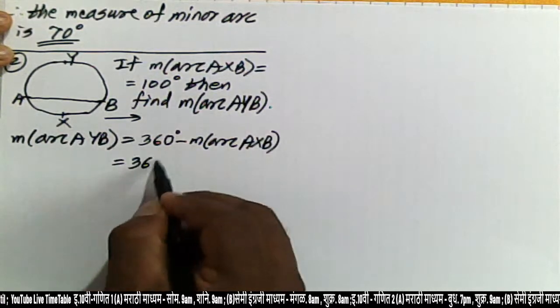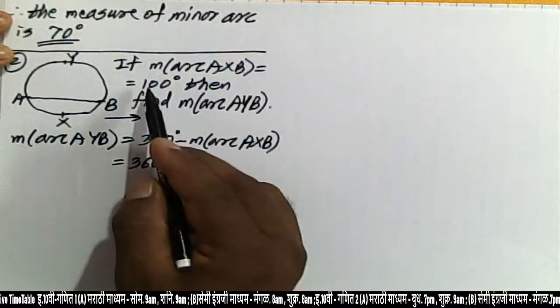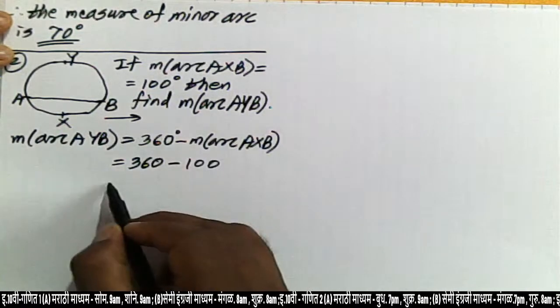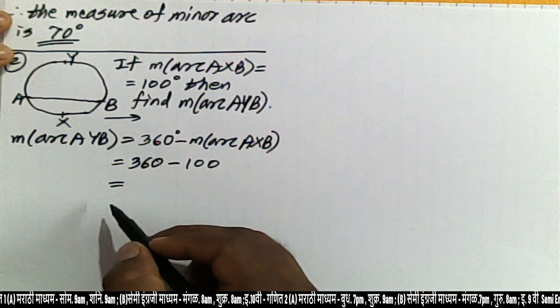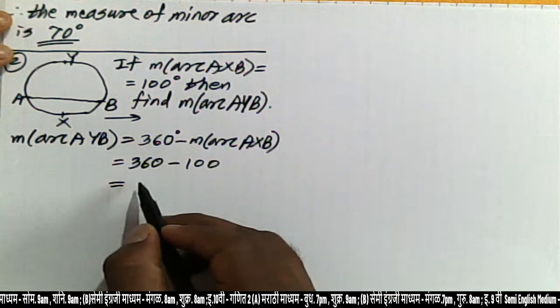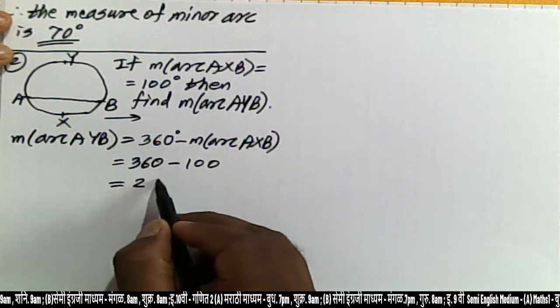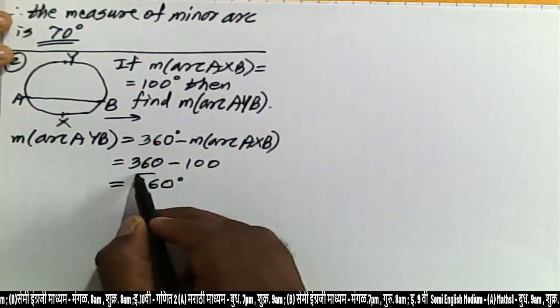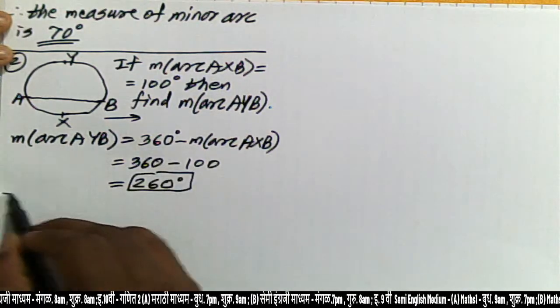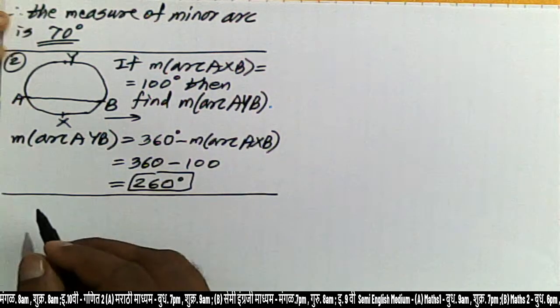It is equal to 360 minus the measure of AXB, which is 100, and the subtraction gives 260 degrees. In this way we can solve that example.